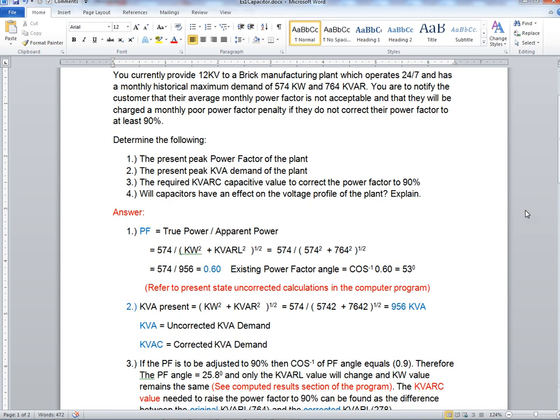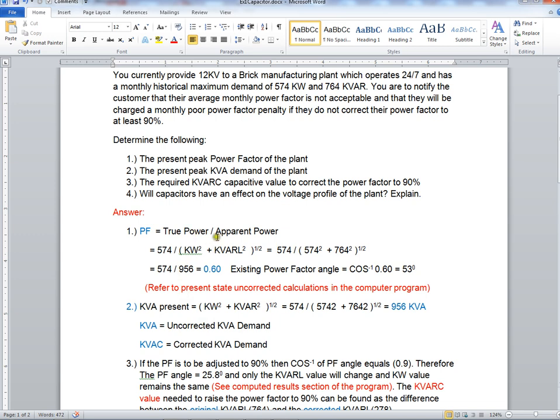Okay, well, let's take a look at the first question here. We needed to determine the power factor. Well, we know that the power factor is basically the ratio between true power over apparent power. The true power, based on the kW reading at peak, is 574 kW, and the reactive power is 764 kVAR, and that's inductive.